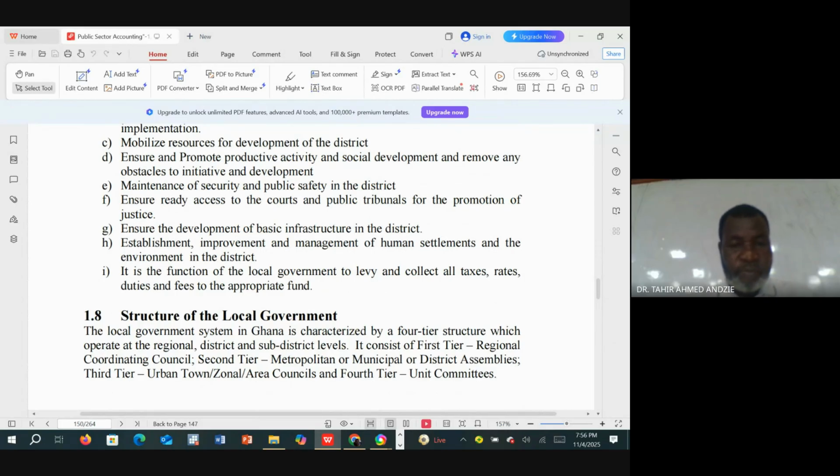They have to ensure the establishment, improvement, and management of human settlements and the environment in the district. If you come to town and development planning, it is the district assembly that has to ensure that even areas for settlement are developed before people settle there.